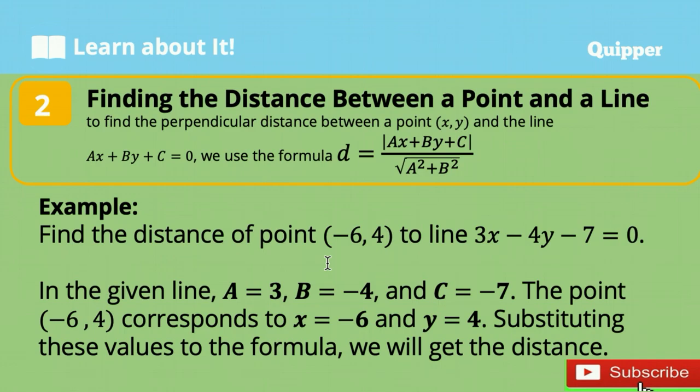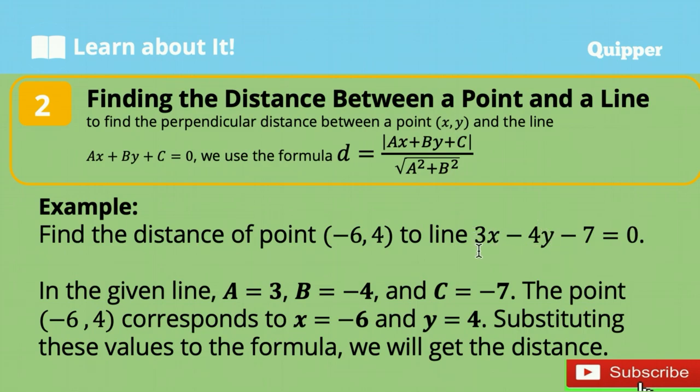For example, find the distance of point (-6, 4) to line 3x minus 4y minus 7 is equal to 0. To find the distance of a point to a line, we need to use this perpendicular distance formula. And of course, we have to identify the values of a, b, c, x, and y.